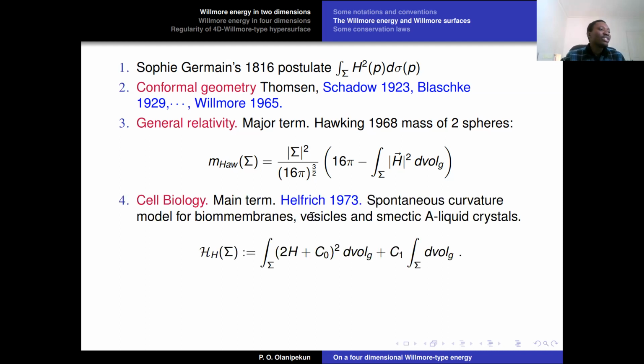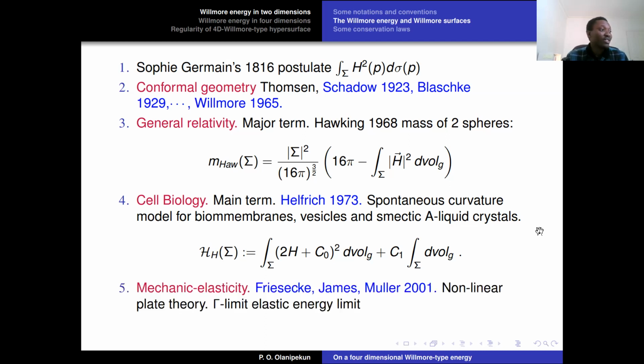In cell biology, it's also a leading term of the Helfrich energy. So this is the Willmore energy here. If you expand this correctly, you have the integral of H squared, and Willmore energy has application in cell biology. In mechanical elasticity and in optical design, Willmore energy is used a lot. So that's why we care about the Willmore energy.